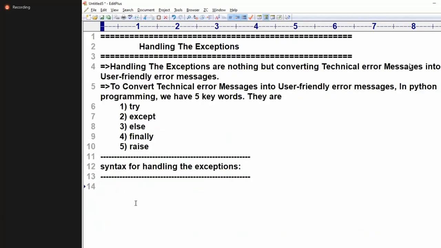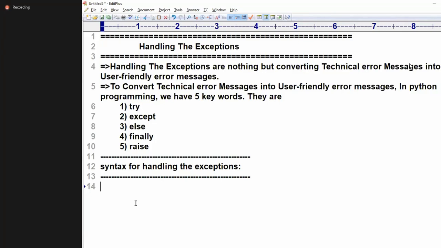API. Very good. And what problems does it deal with? Predefined exceptions deal with universal problems. Excellent.